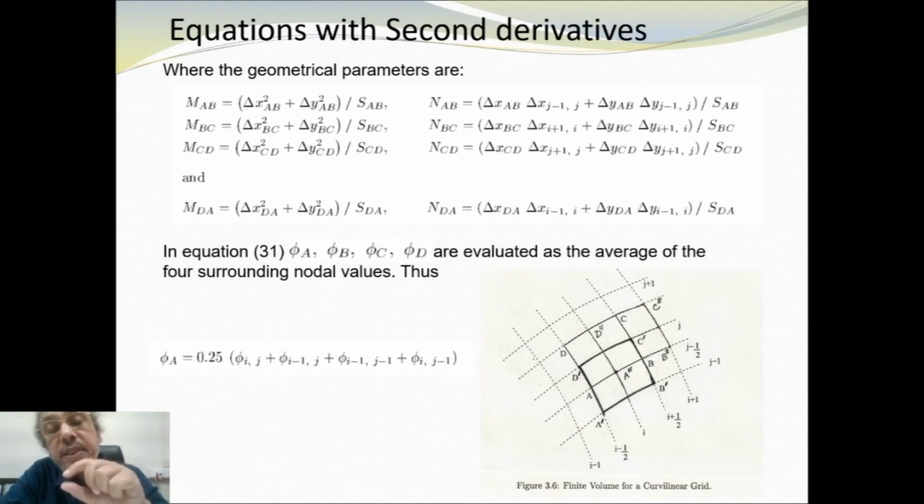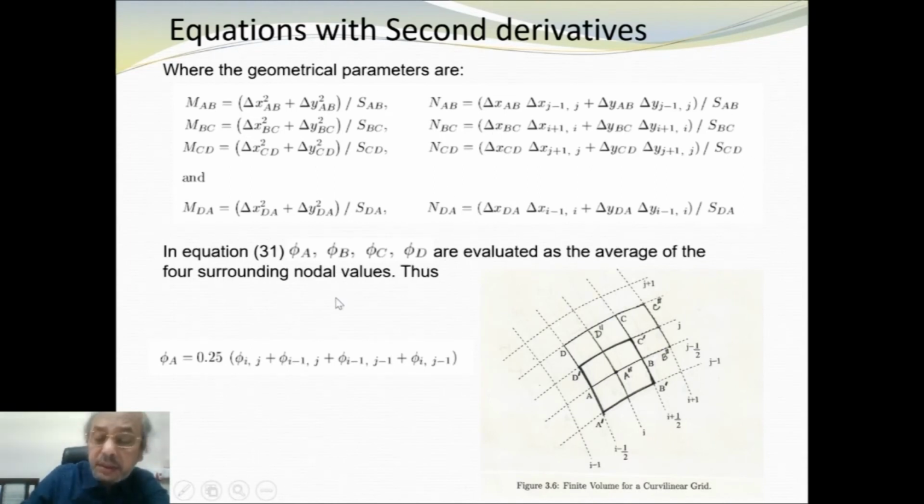Basically, if we define a line segment by 2 points, the vertical distance between those 2 points and the horizontal distance between those 2 points, then the area of the quadrilateral and such parameters. So these are the geometrical parameters.